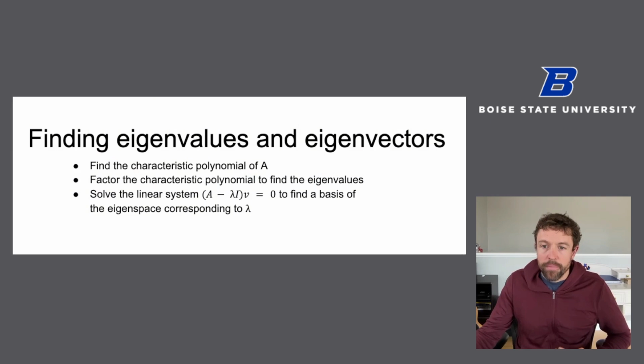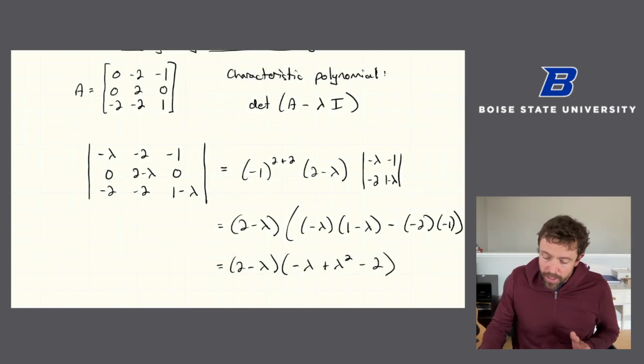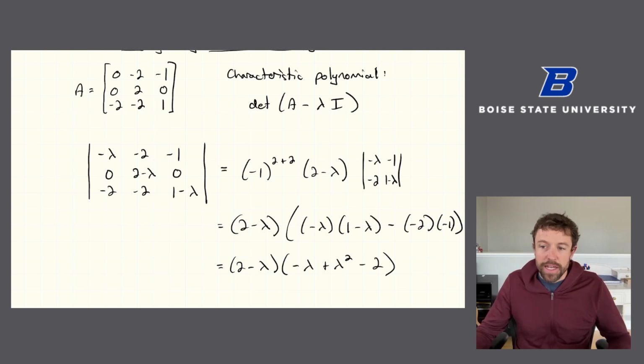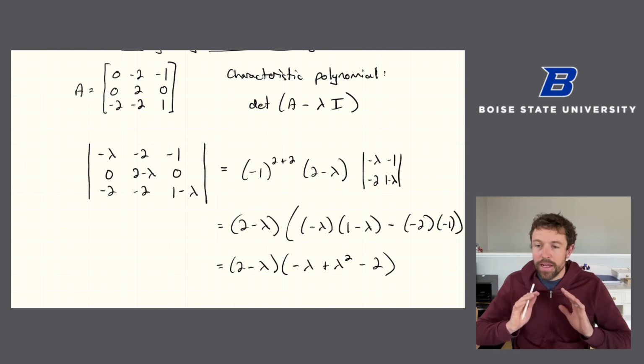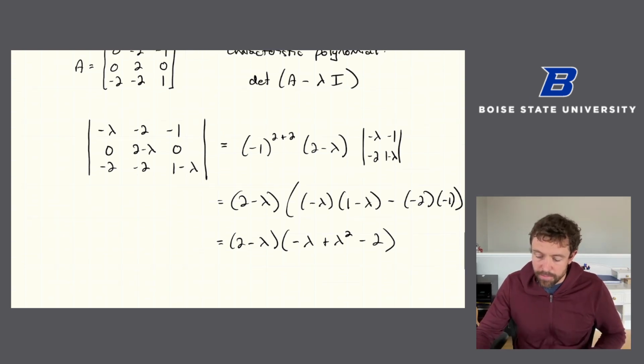So where am I going? I'm going to factor the characteristic polynomial to find the eigenvalues. With that in mind, I would be crazy to distribute this out because I've already partially factored this characteristic polynomial, right? I could multiply this out to make it look more like a traditional polynomial. That would be a waste of my time. It would make things worse. So I actually want to factor this thing because that's my goal.